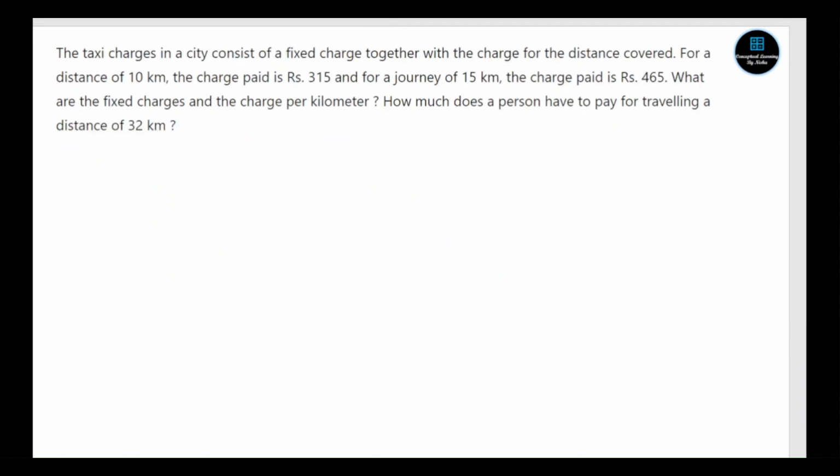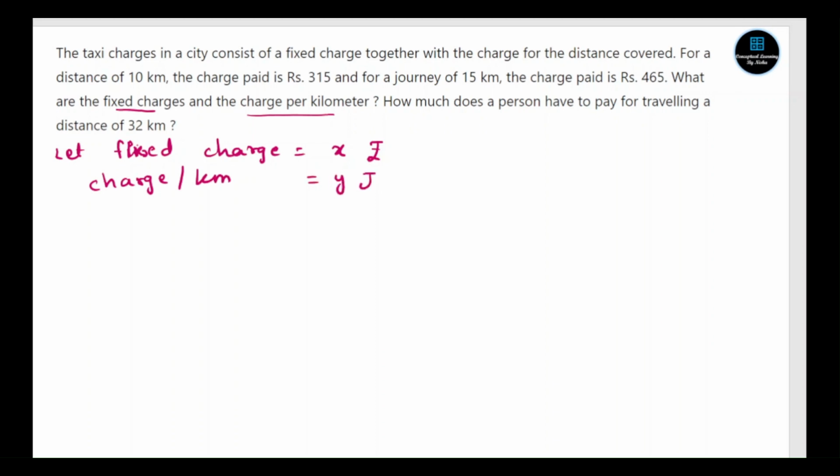Alright. Again, a very common question which is asked. So taxi charges are fixed charges and charges per kilometer. So let the fixed charge be x rupees and charge per kilometer equal y rupees.